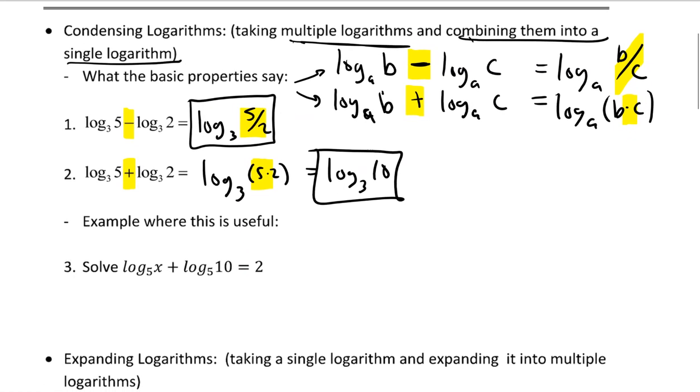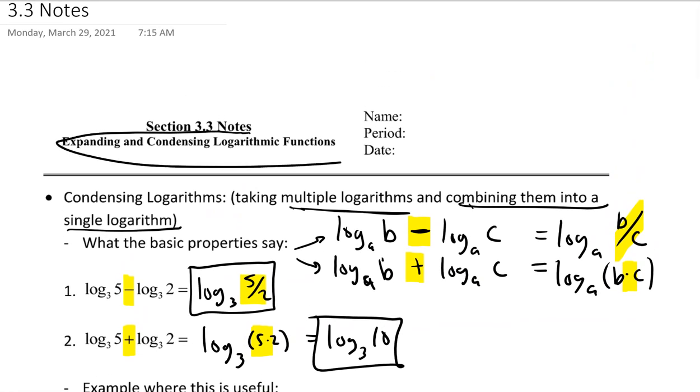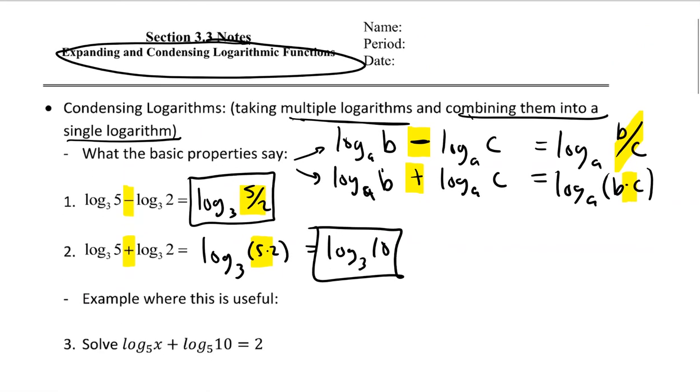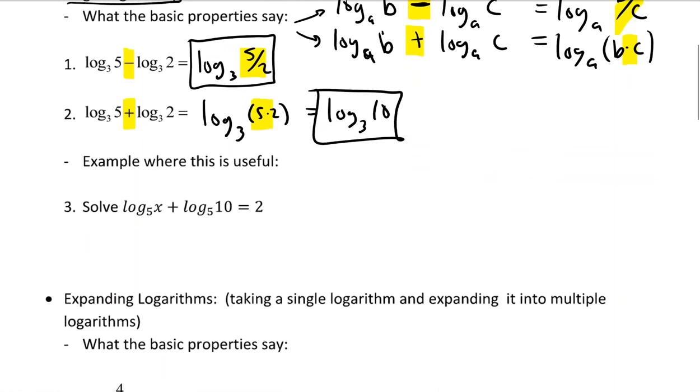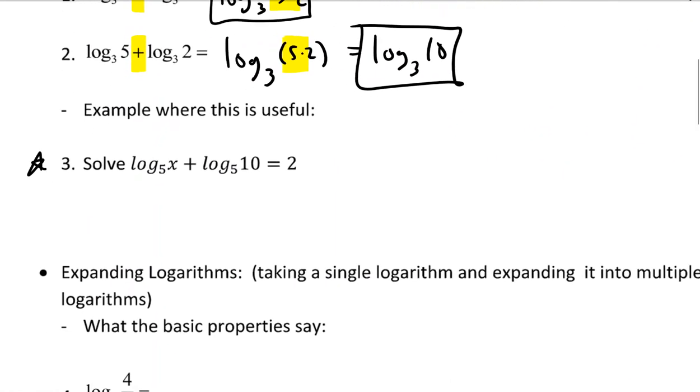All right, so to give you a heads up of where we're going with this, because this section focuses on expanding and condensing and reviewing some of the stuff from 3.2 that you may not have thought about since the break. But then when we get to section 3.4, it's all about solving equations. So number 3 would be a great example for how this is going to be used.